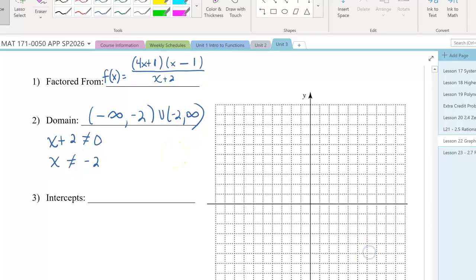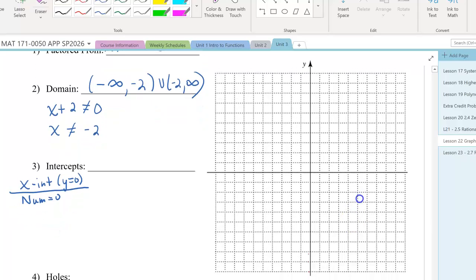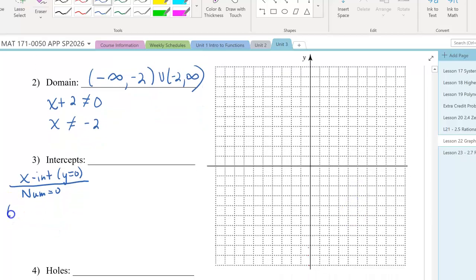Now moving on to x-intercepts and y-intercepts. The x-intercepts come from letting y equal 0. And in a rational function, you can just set the numerator equal to 0 because a fraction is 0 when its top is 0. So I would have (4x + 1)(x − 1), and I want to set that equal to 0.